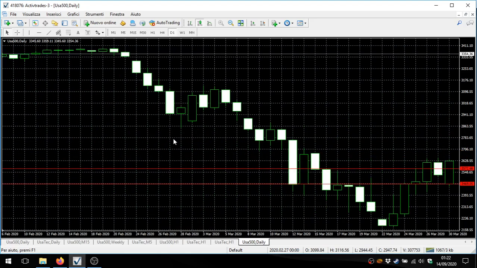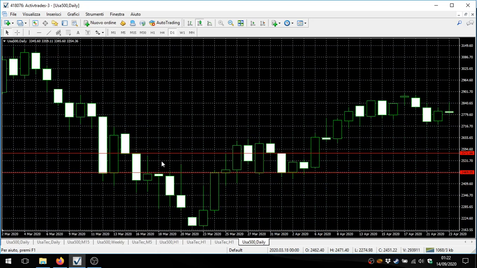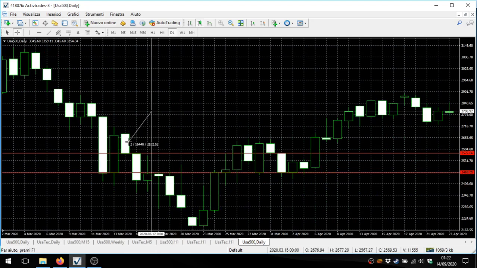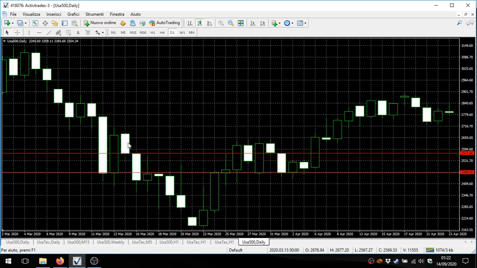Obviously, now we have to go into a smaller time frame to see why the price tended to stop here, and the answer probably is on this candle here. I have to look into a smaller time frame and go checking.